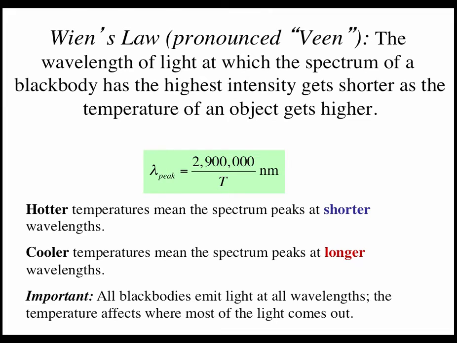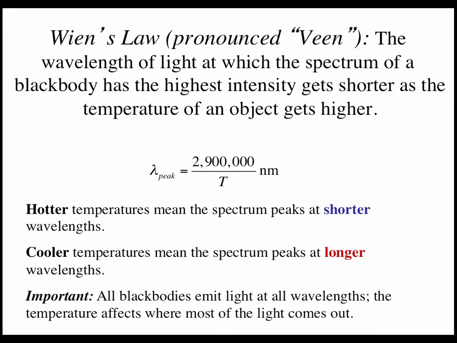Here's a mathematical equation that shows that. If we make the temperature bigger, because it's in the denominator of the fraction, the peak wavelength, which remember is that Greek letter lambda, will get smaller as the temperature gets higher. So hotter temperatures mean that the spectrum will peak at shorter wavelengths, and cooler temperatures mean that the spectrum will peak at longer wavelengths.